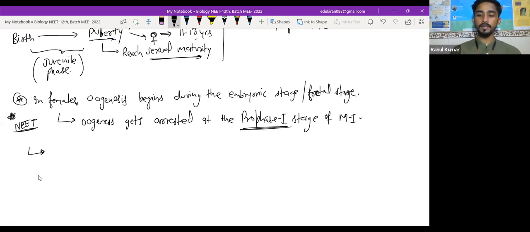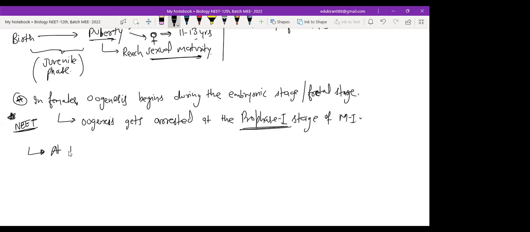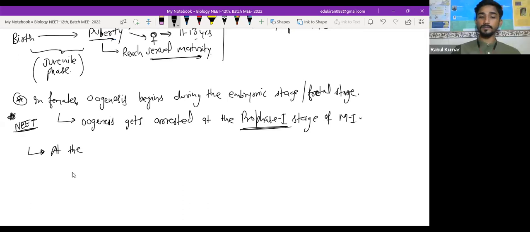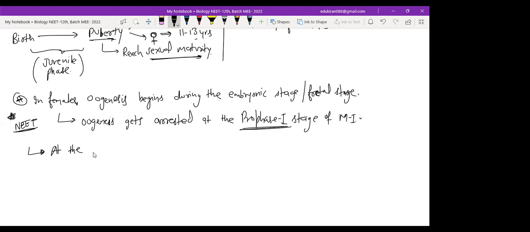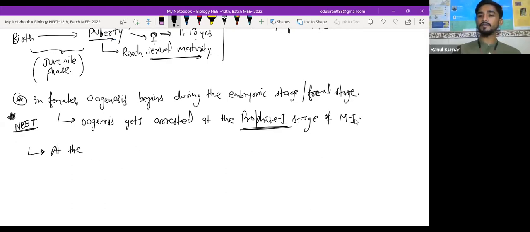What happens at puberty in females, Nora? Ovaries are not released. The ovary releases oocytes. To release that, you first have to complete the division, right? Because they are all arrested.